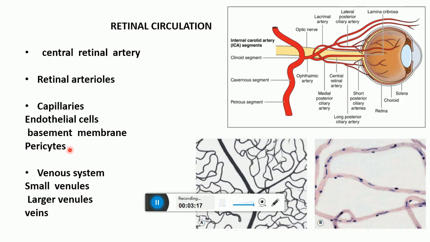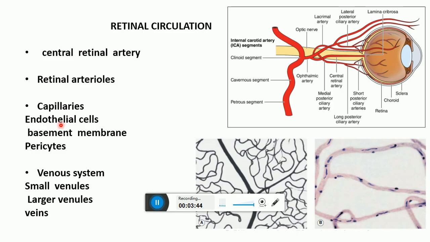Endothelial cells form a single layer on the basement membrane and are linked by tight junctions that form the inner blood retinal barrier. So here is an important point: the inner blood retinal barrier is formed by endothelial cells, the tight junctions.